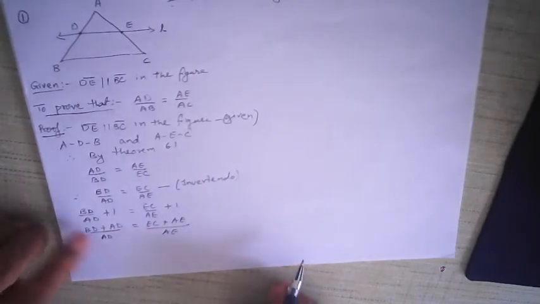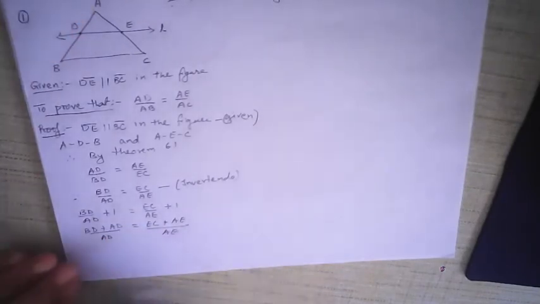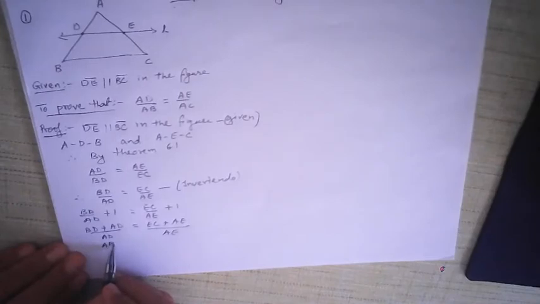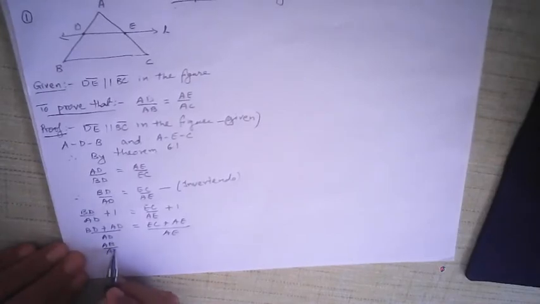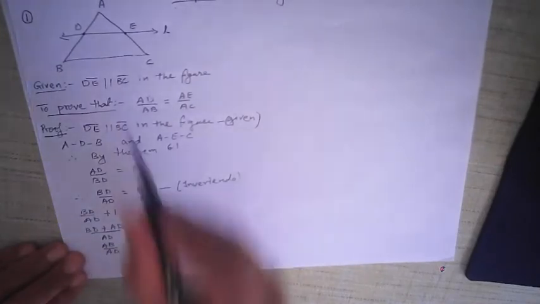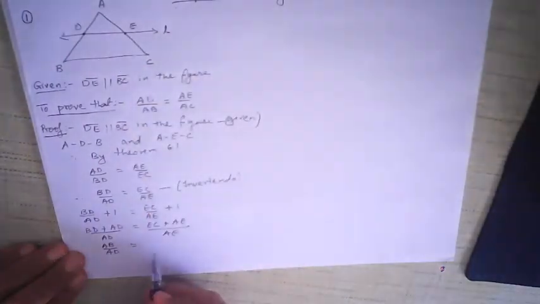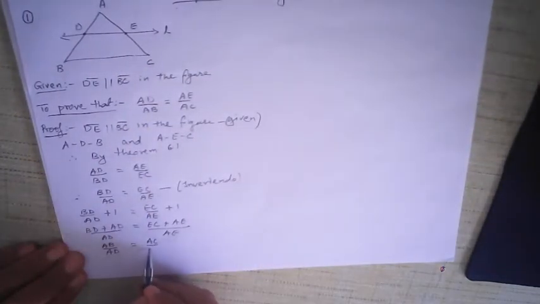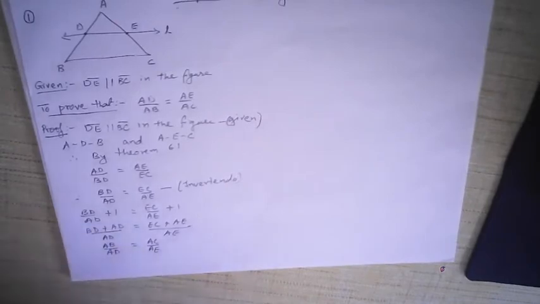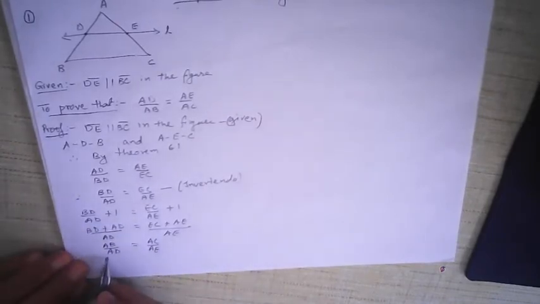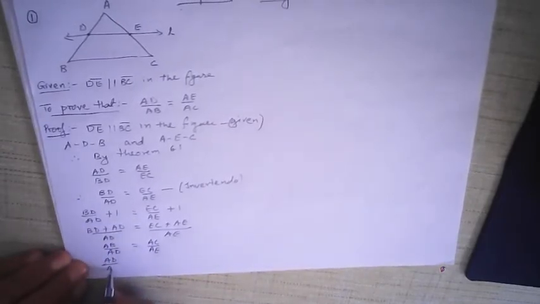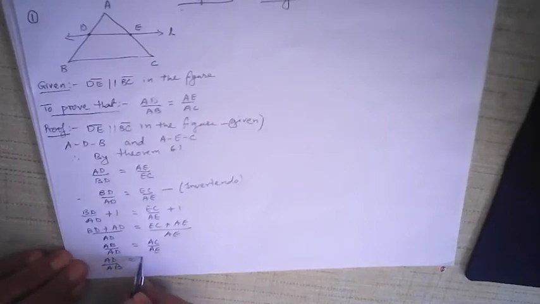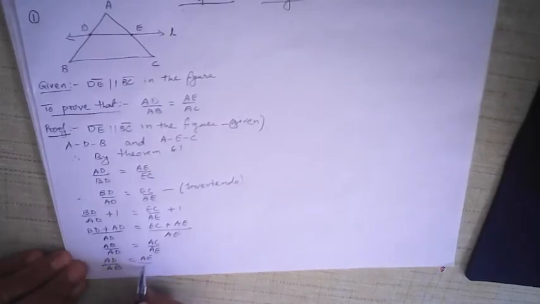Now BD plus AD means AB upon AD, and EC plus AE is AC upon AE. Now again apply invertendo. So I get AD upon AB is equal to AE upon AC.